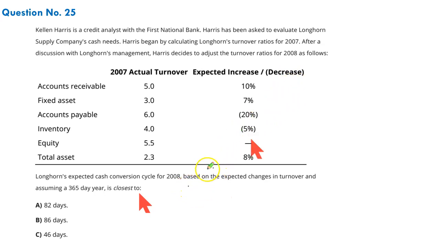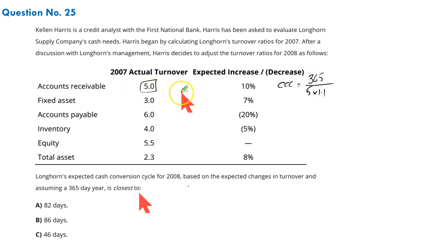You will write cash conversion cycle is equal to, we know that, first the account receivable, 365 divided by account receivable turnover. We can't take 5 because it is going to go up by 10%. So instead of first calculating the increase separately and then plugging it into the formula, go straight with 1.1.